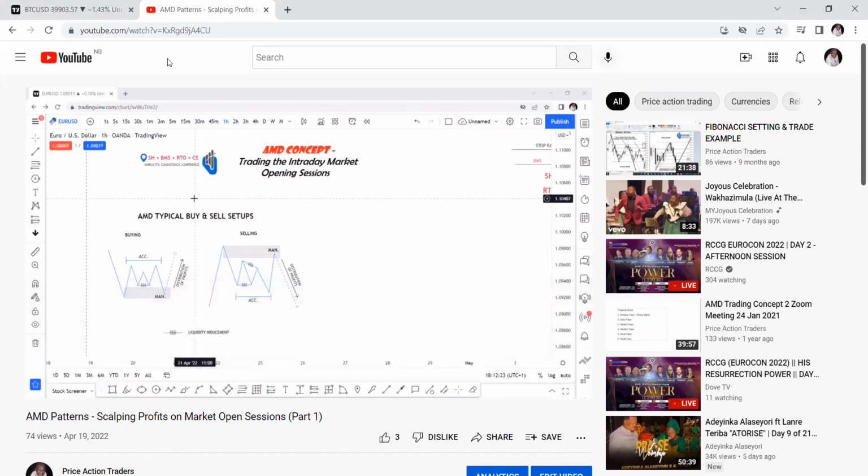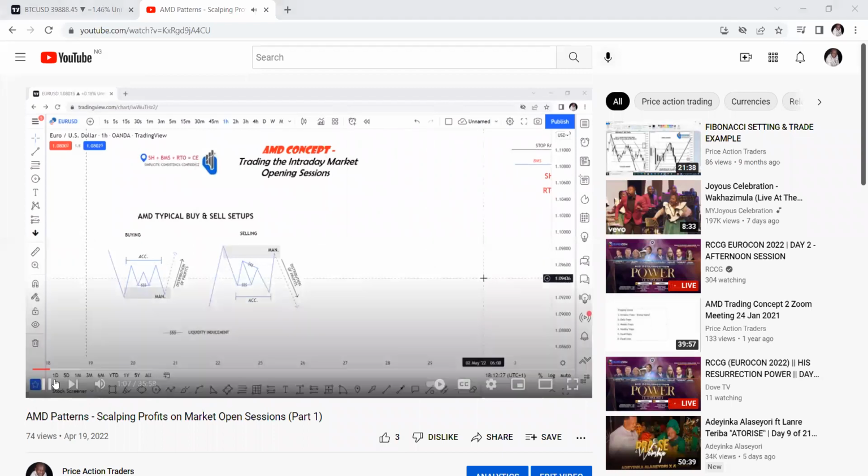This is part one of it. Please just watch how this is playing out on euro US dollar, pounds US dollar. We've back tested it on euro US dollar. We've tested it on gold, and it is highly predictive.